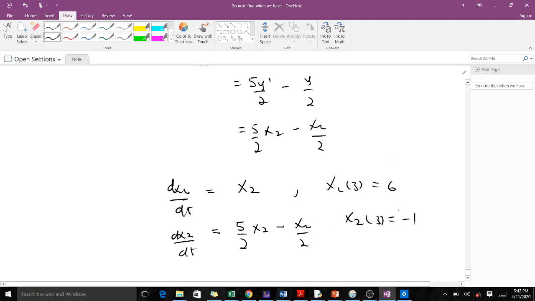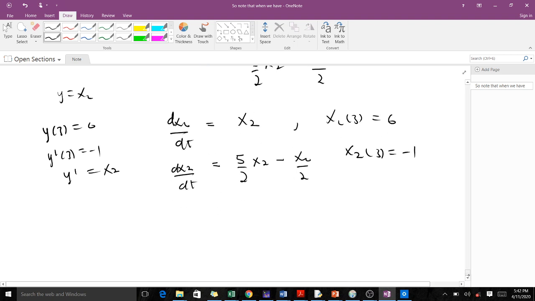I hope you know how we formed the initial conditions here. The question was y(3) = 6, but know that y is the same as x1. And y'(3) was equal to -1. y' is the same as x2. That's why you saw the x2 here.